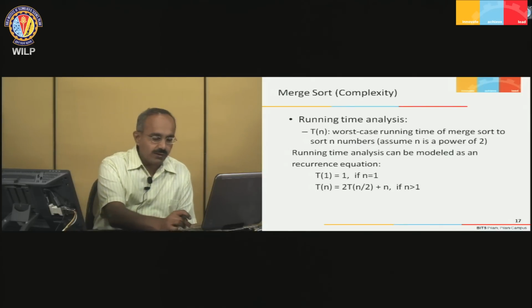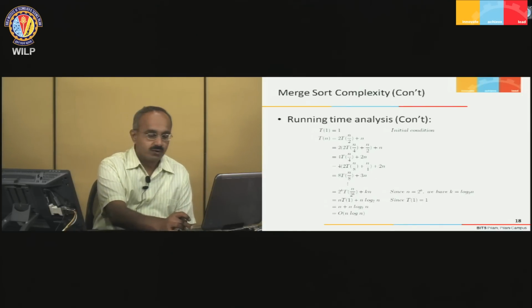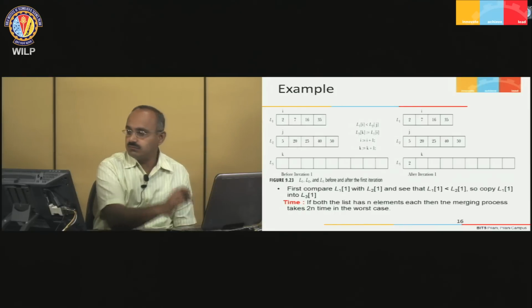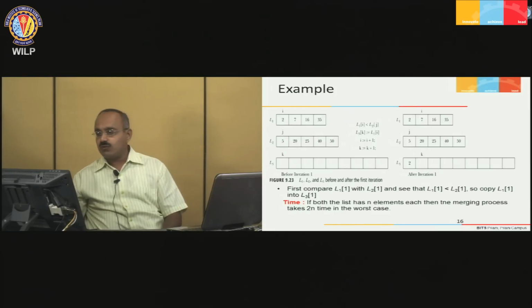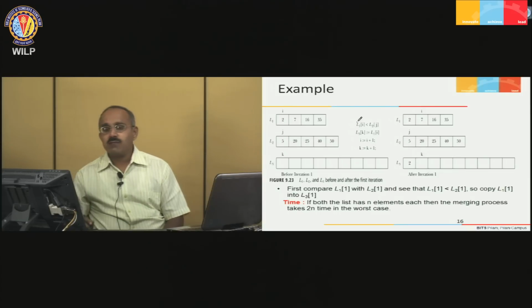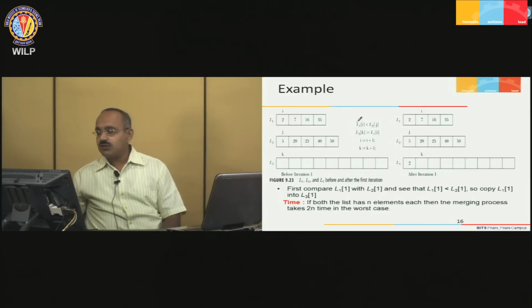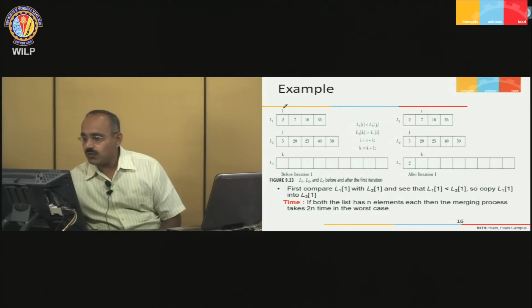Now, let us look at the time required to merge the two sorted lists, using this particular example. The worst case time to merge: you are going to start with i equal to 1 and j equal to 1.